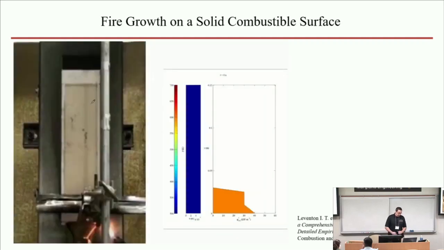So here is a little video designed to demonstrate the role of pyrolysis in flame spread. On the left, you have a bench scale experiment. You see a plate of solid fuel that is ignited by a small gaseous burner that is applied to the bottom of it. On the right, you see a model of this process.